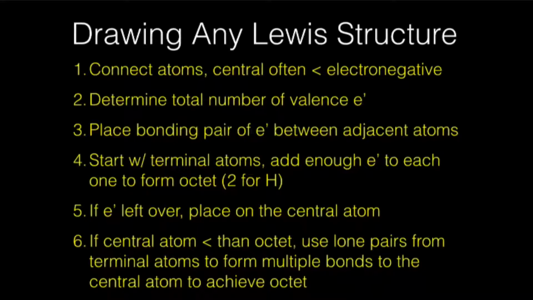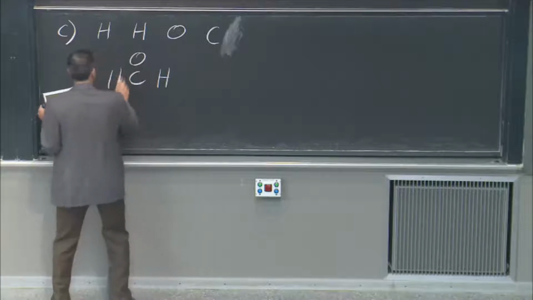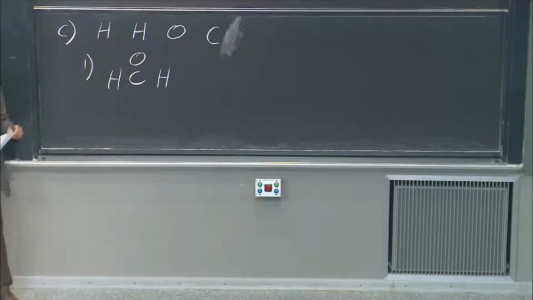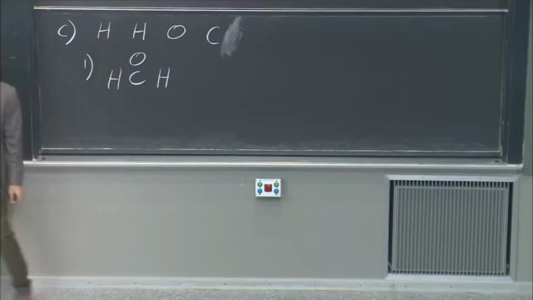That tells me that if I answer step 1, it might look something like this. Now it's taking some form. The hydrogens are going to go like that. They're terminal, the oxygen is outside, and carbon's in the middle.